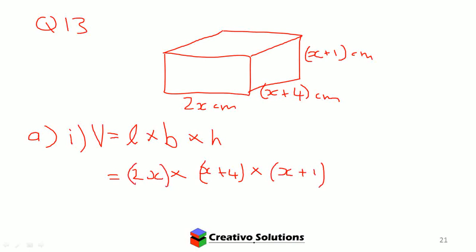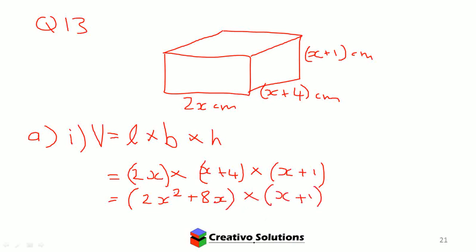When having three terms like this, we're going to have to multiply out. So we're going to have to distribute these numbers into the bracket and then times the bracket by the bracket. So I'm going to start with multiplying 2x into x plus 4. 2x times x is 2x squared. 2x times plus 4 is 8x. Then I'm going to multiply that by x plus 1.